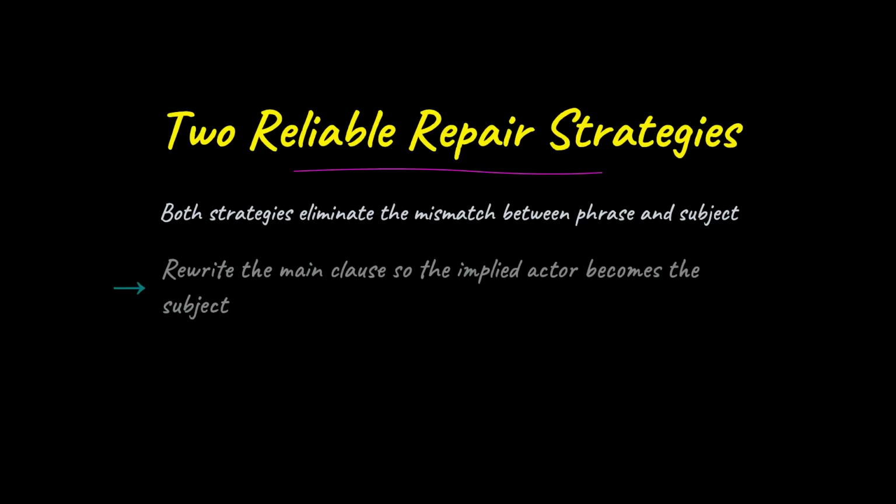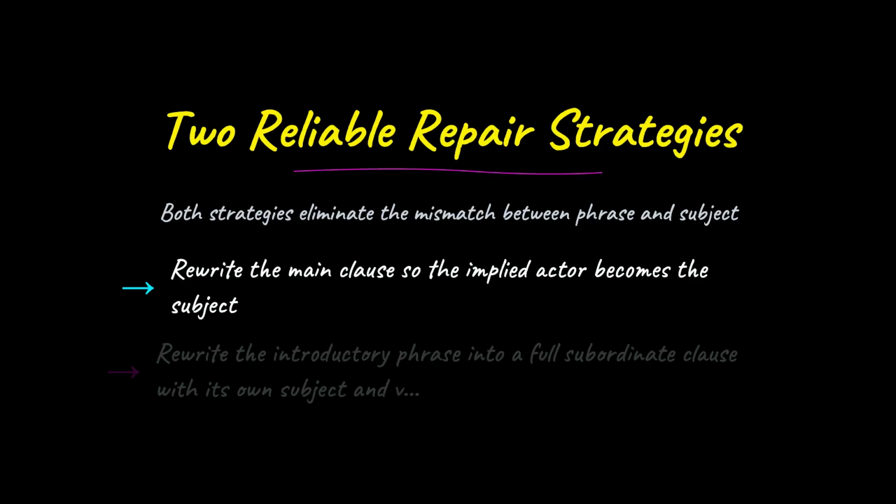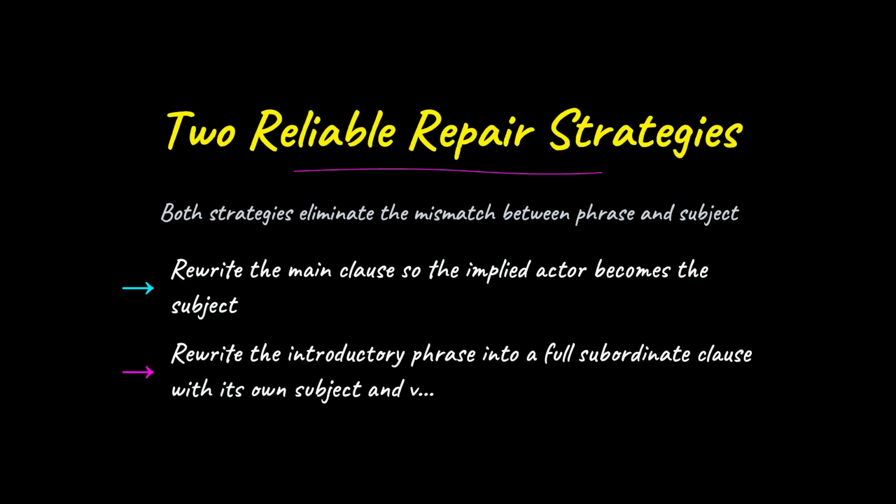There are two reliable ways to fix a dangling modifier. First, rewrite the main clause so the implied actor becomes the subject: Walking down the hall, the nurse reviewed the chart. Second, expand the introductory phrase into its own clause: As the nurse walked down the hall, the chart was reviewed. Either strategy closes the logical gap.